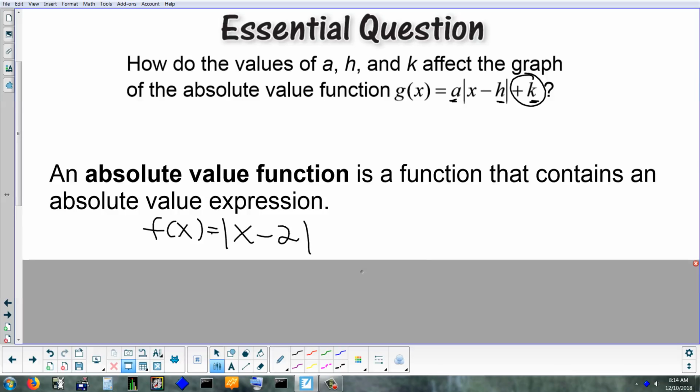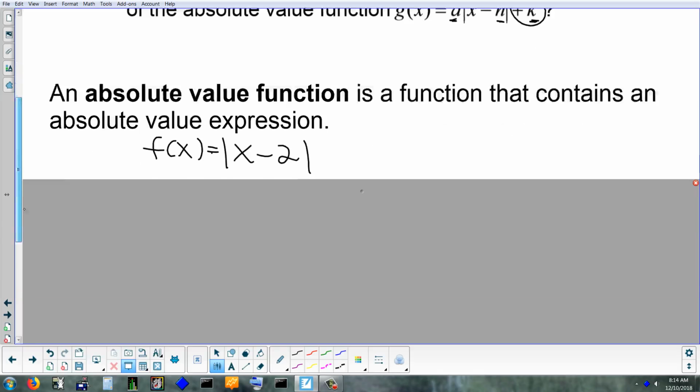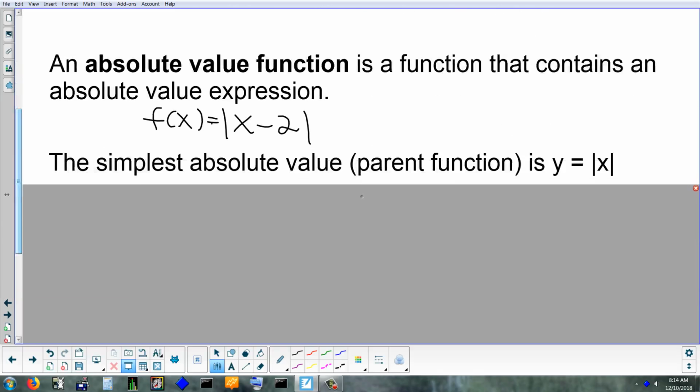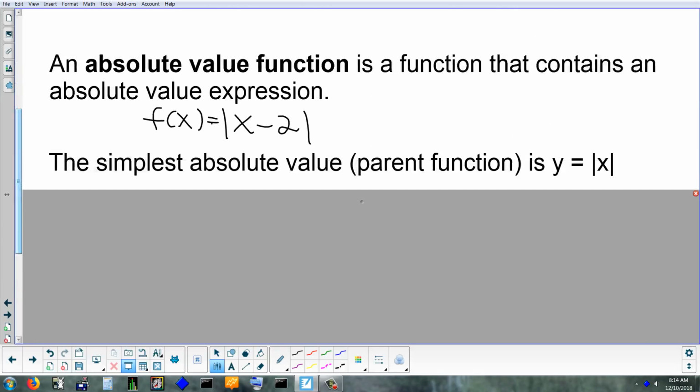Anyone think they could tell me which way a -2 inside would move it? Which way, Youssef? Inside's a little tricky. I agree that it's horizontal, but it's not going to go left. It's going to go right. Everything inside is opposite. We didn't have you write that down. If it's an absolute value function, it has the absolute value bars, so you don't have to write that down.